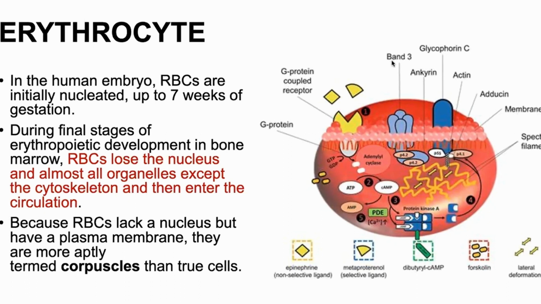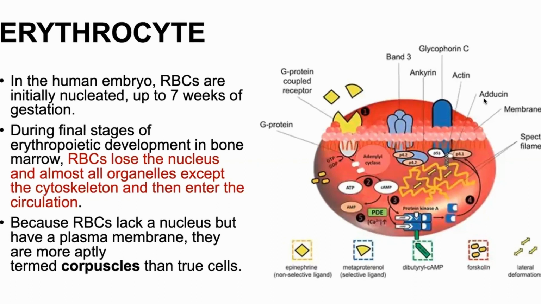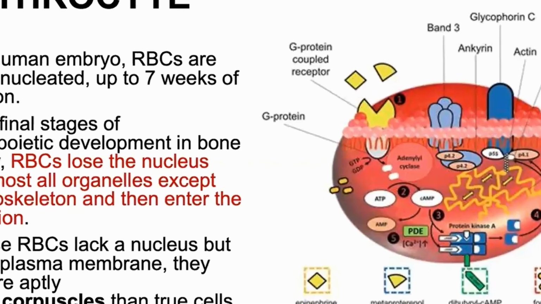So there are different types of proteins on the cell membrane. These, for example, include ankyrin and spectrin. Sometimes you can have a mutation in these proteins on the red blood cells, and you end up with disorders of the red blood cells.